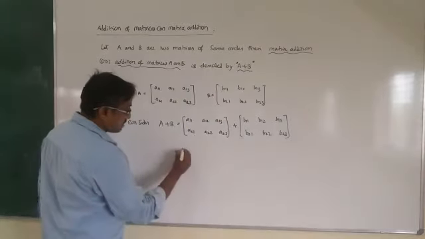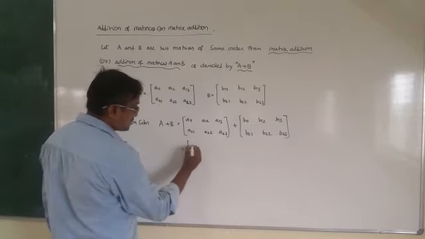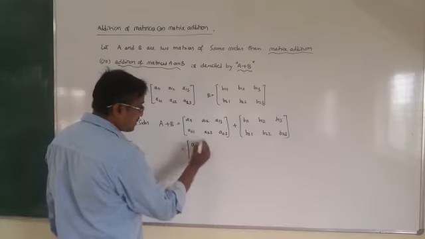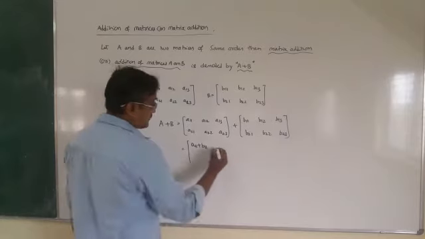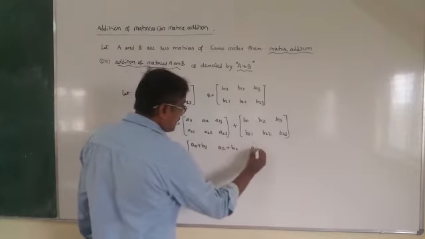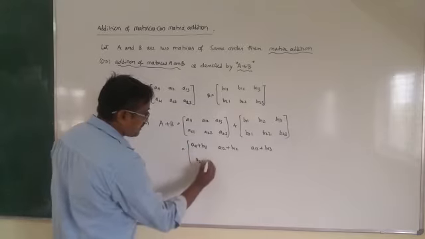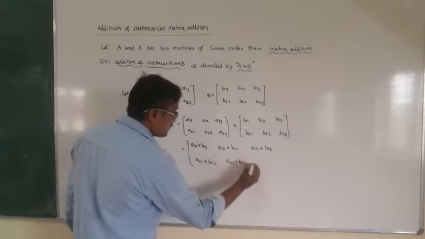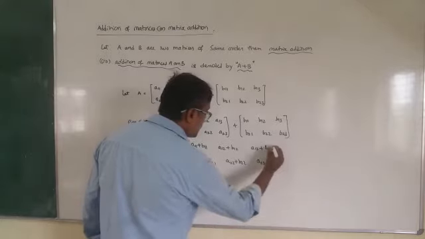That means matrix addition is also again a matrix. You have to add like this: A11 plus B11. You need to add the corresponding elements. So A12 plus B12, A13 plus B13, A21 plus B21, A22 plus B22, A23 plus B23.